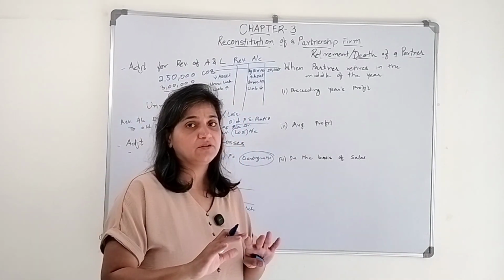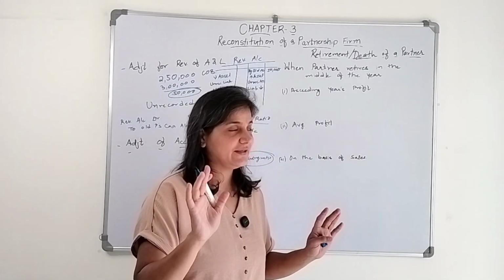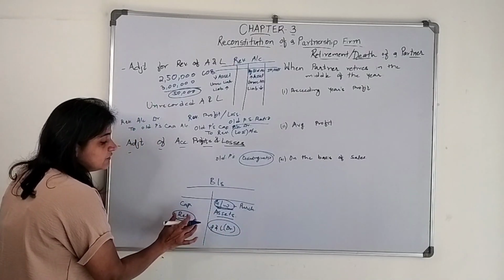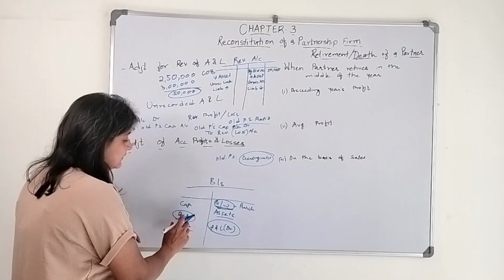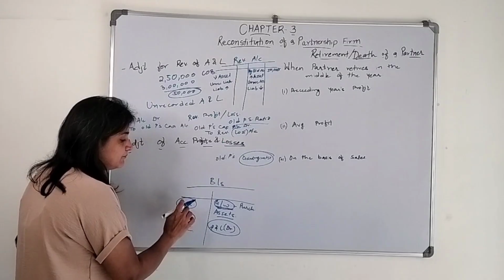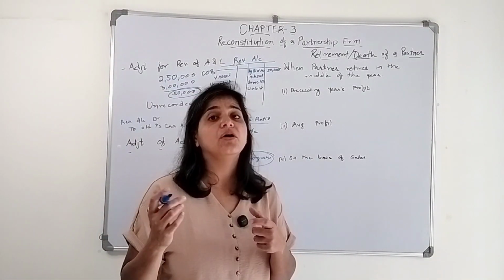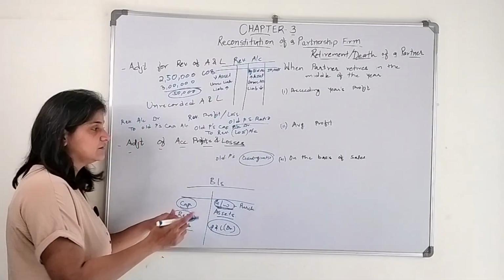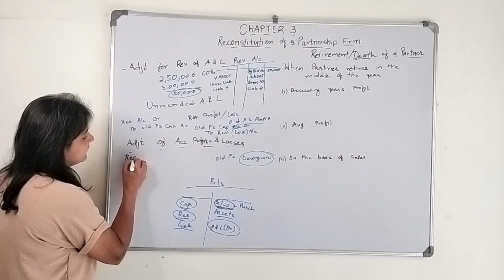Here I am assuming 3 partners, there can be more partners. So reserves, we need to close these reserve accounts, and these reserves belong to whom? To the partners. So we need to credit the partners capital account, and we will close this reserves account. So what will be the entry?